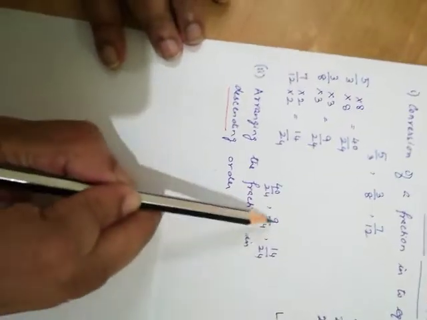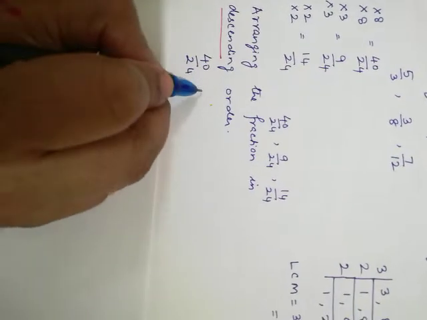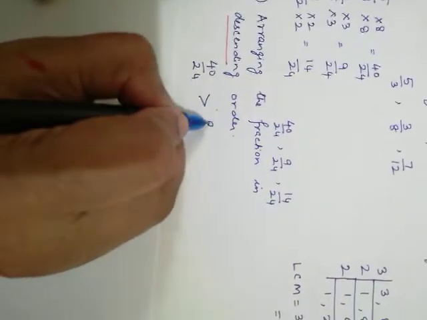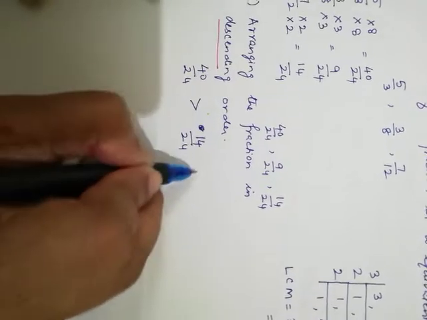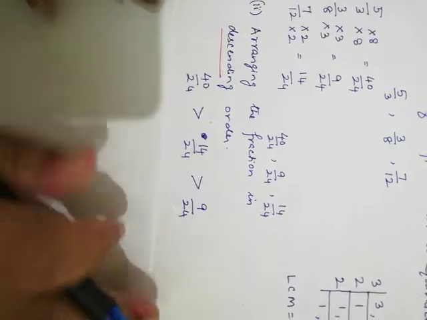Which one is the first one? 40 is more than 14 and 9. So 40 is the largest number. So 40 by 24 is greater than the next number 14. Right? So 14 by 24, and 14 by 24 is greater than 9 by 24.